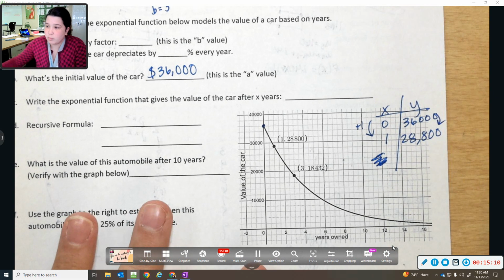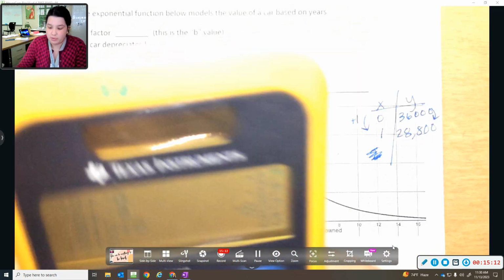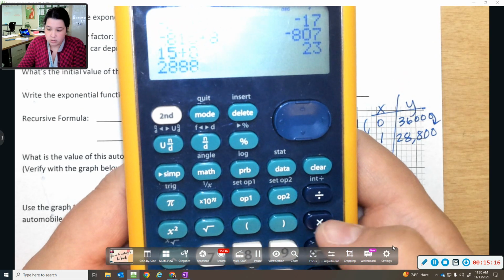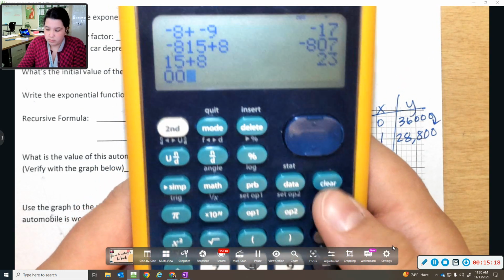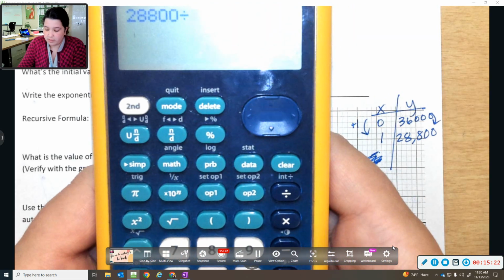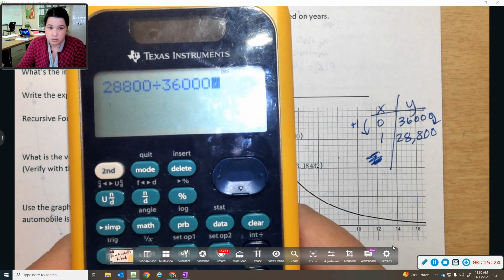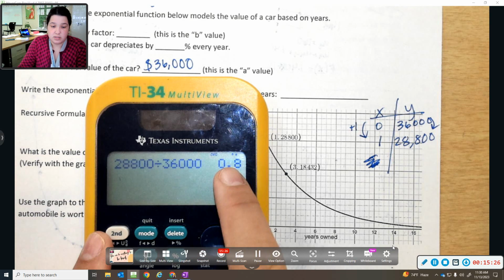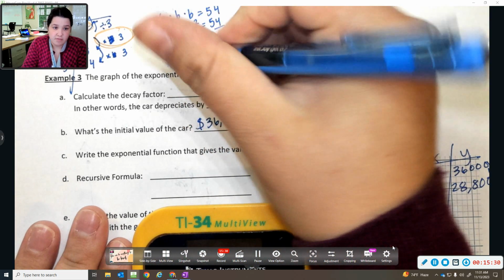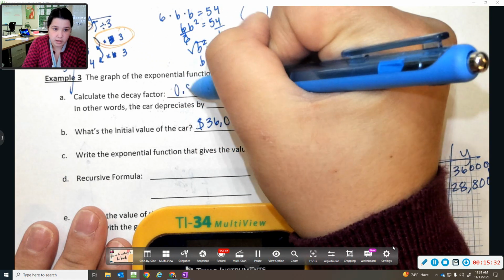So to find out what we're multiplying by, we're going to divide. We're going to take 28,800 and divide it by 36,000, and it's 0.8. So the decay factor is 0.8.